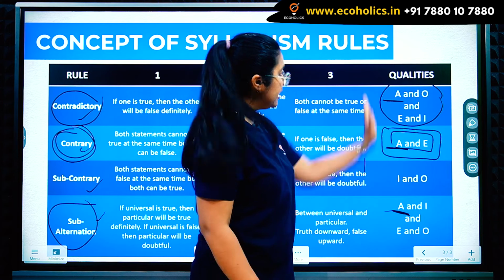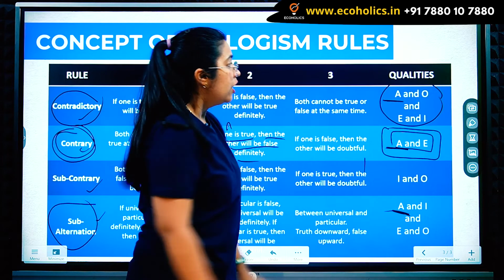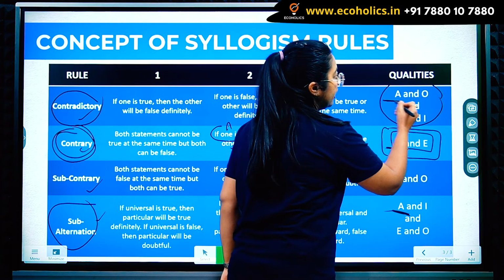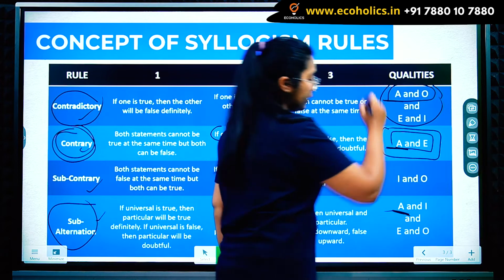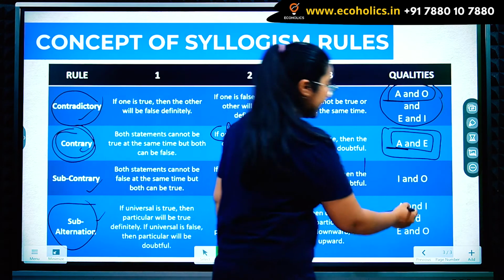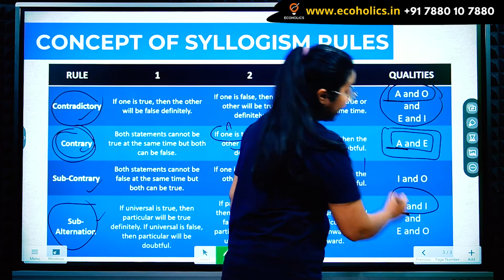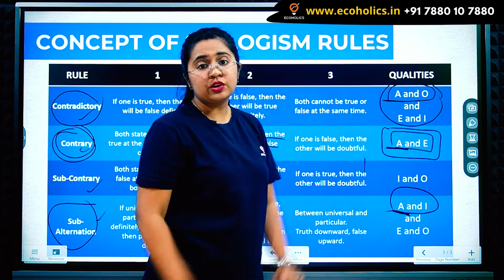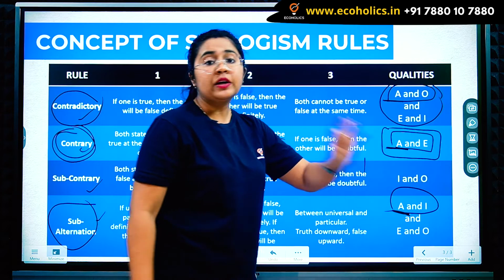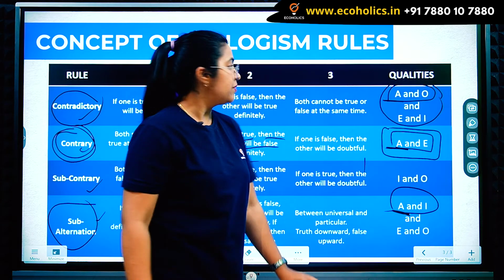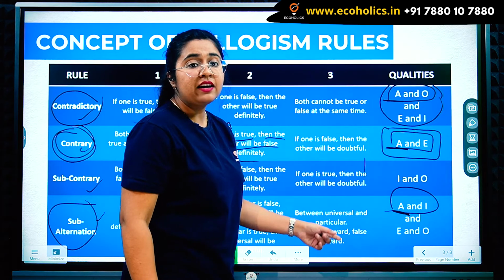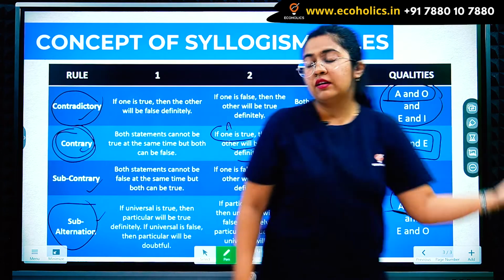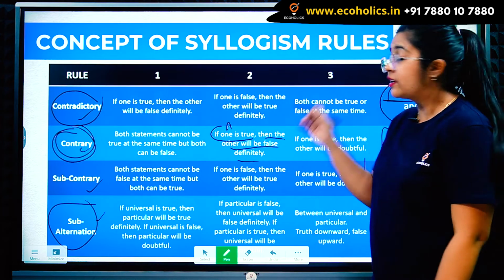From the qualities of these statements, we can say that A along with O is there and A along with I is also there. So now we need to understand the rules. What does the rule say?